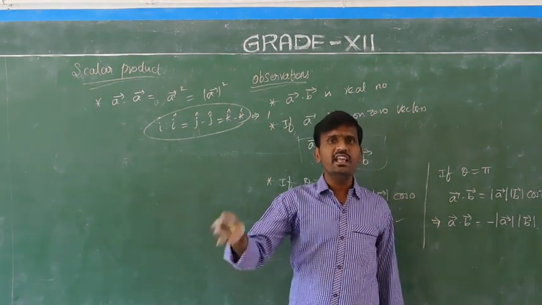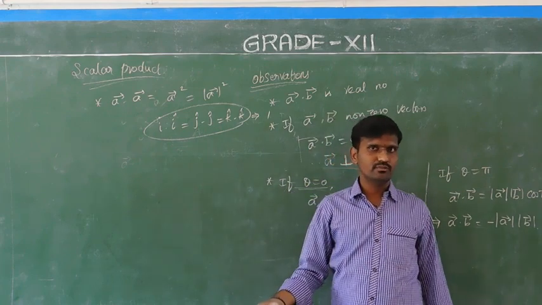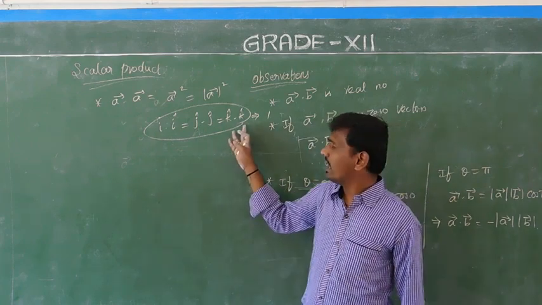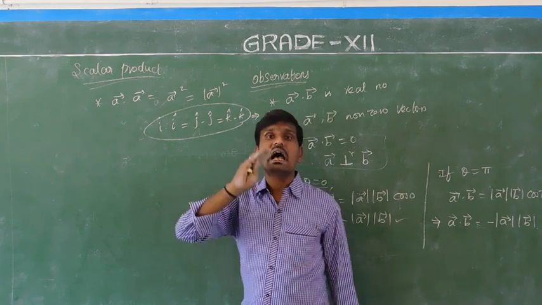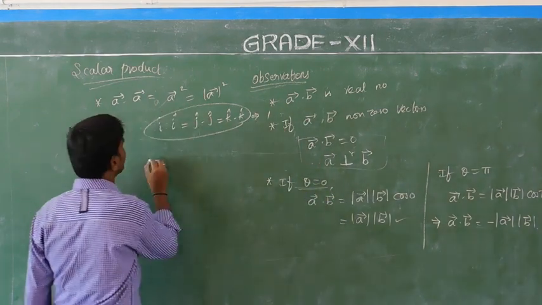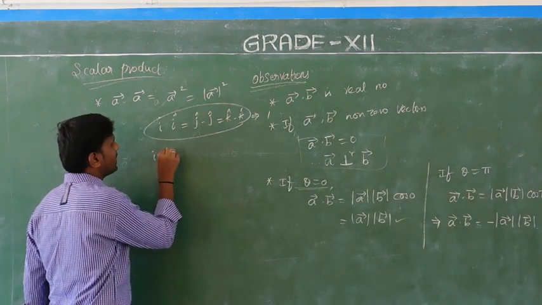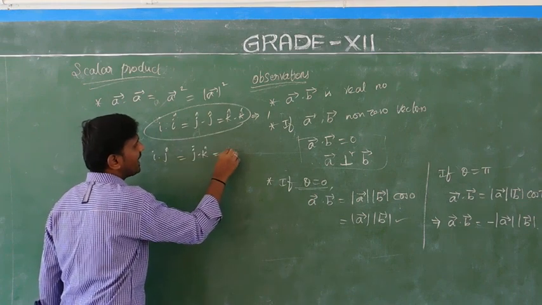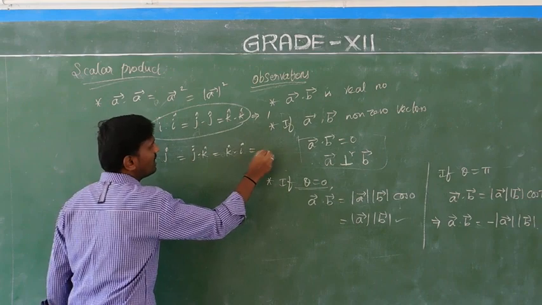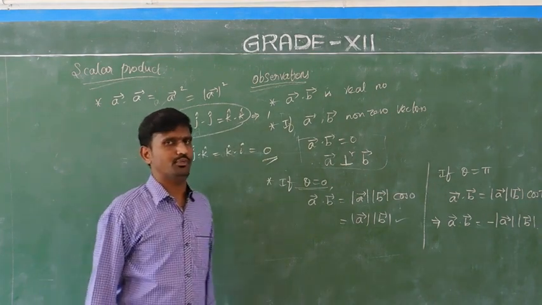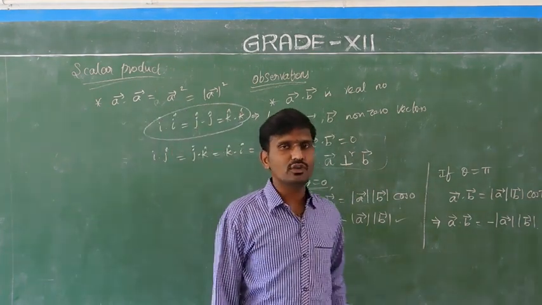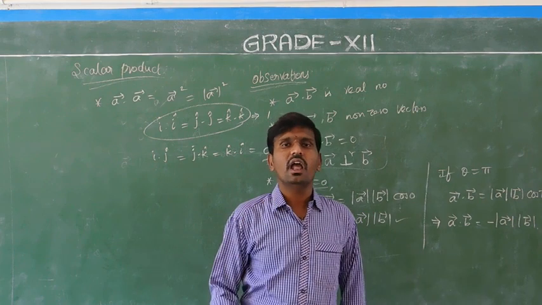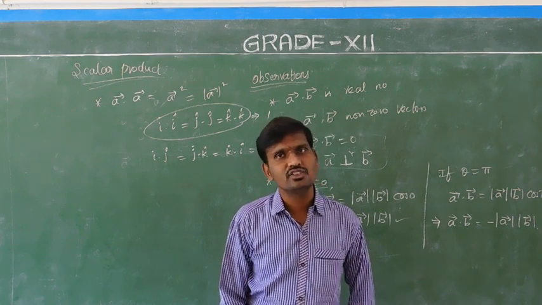That is i dot i, j dot j, k dot k, they have a value of 1. Suppose unlike components, that is i dot j or j dot k or k dot i, they all have the value 0. So the like component value is 1 and the unlike component value is 0.